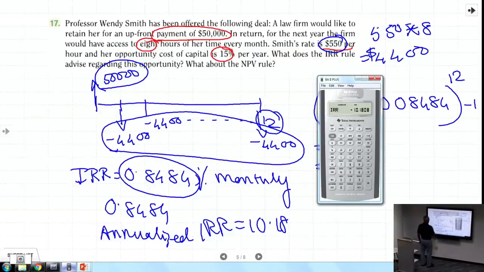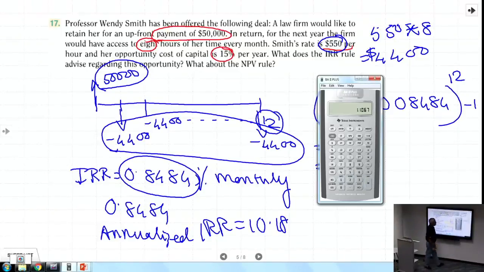So if I do that, it'll be 1.008484. I raise that to the power of 12. Clear everything first. 1.008484, y to the power x, I raise it to the power 12.